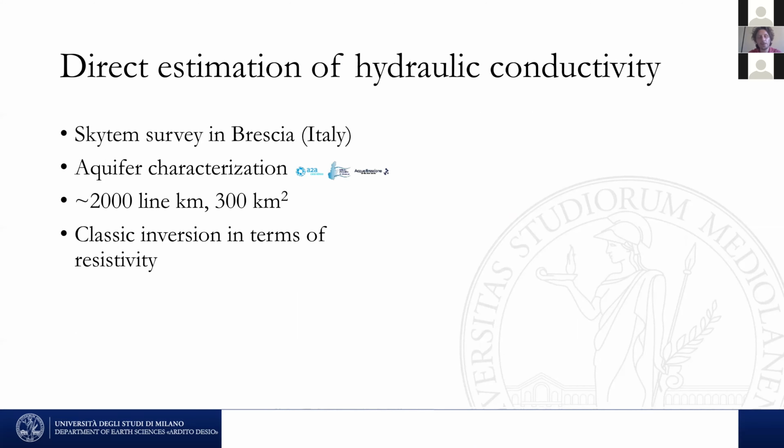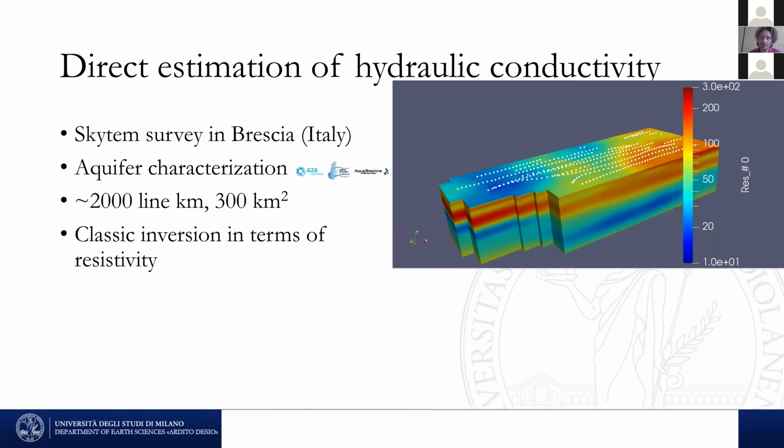And here we have the classic inversion in terms of resistivity. This is not the entire survey, but a subset of the survey with a few hundred soundings. In this kind of inversion model, this is around 400 meters in depth and a few kilometers in length.